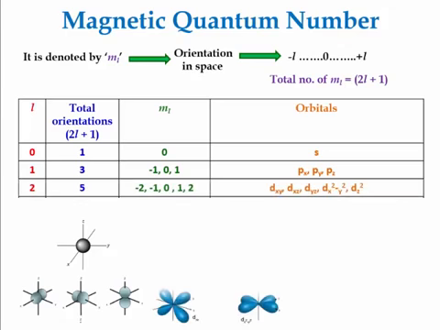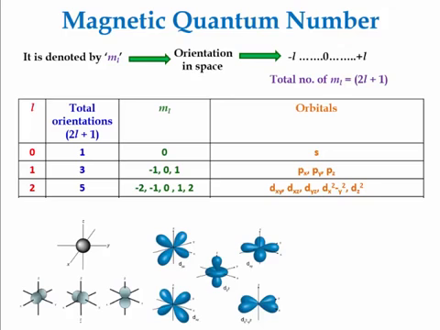In the same way, when the value of L is 2, total orientations are 5, starting from -2 to +2. Therefore, there are total 5 d orbitals. These are dxy, dxz, dyz, dx²-y² and dz². dxy means the lobes of the d orbital are between x and y axis.